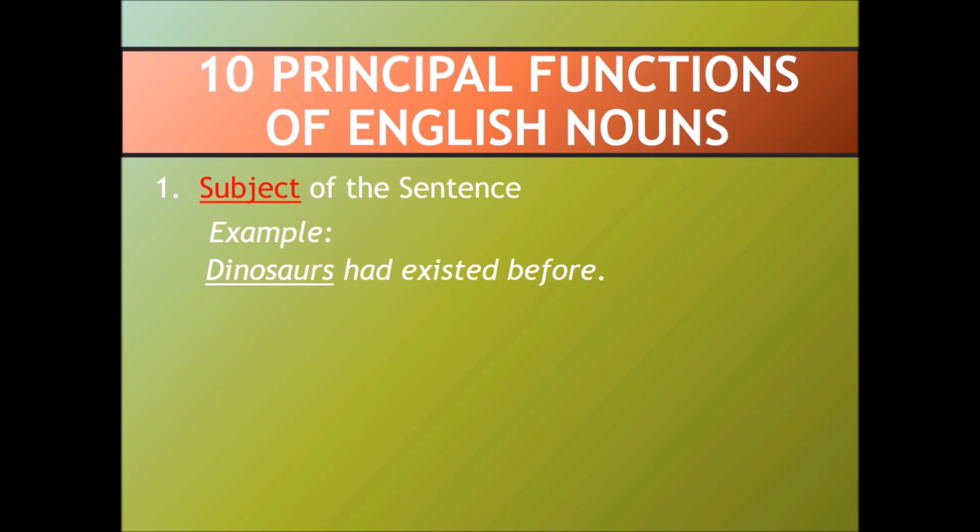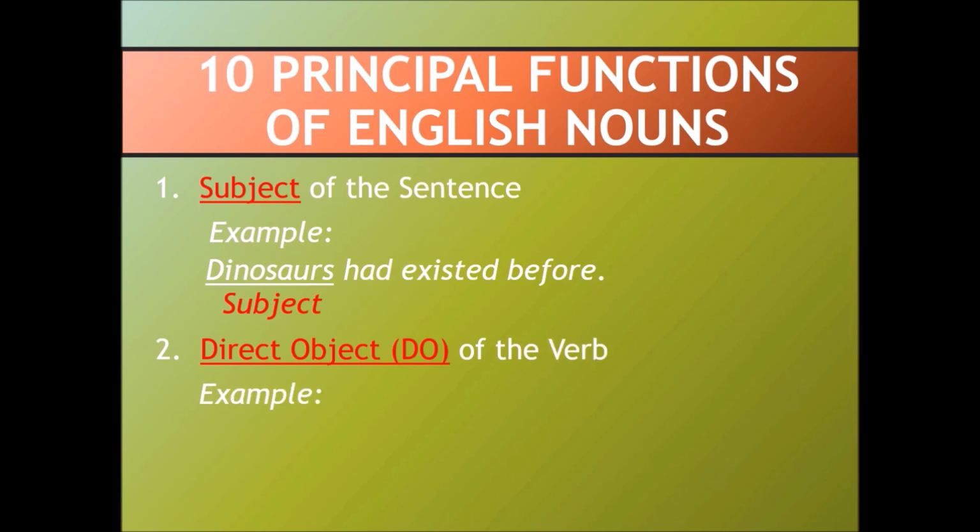Dinosaurs is used as the subject of the sentence, so it's a noun. The second principal function is a direct object or DO of the verb. Example, Romanito cooks dinner. Dinner there is a noun which is used as a direct object or DO.